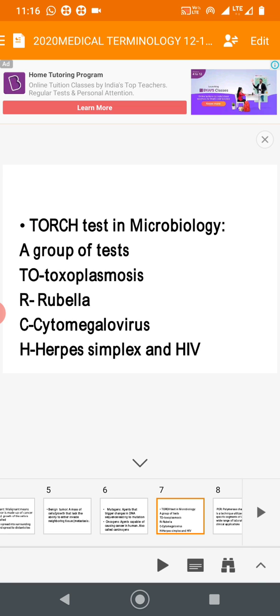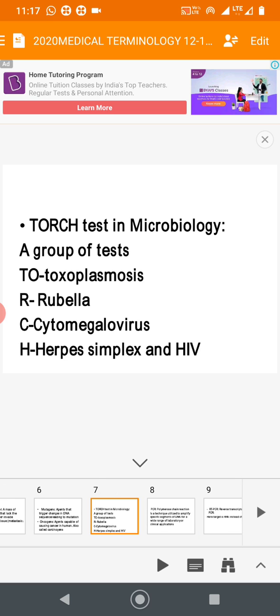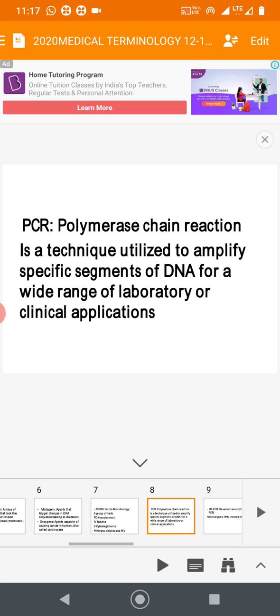Rubella, R, is an infection again. Cytomegalovirus. Then herpes, caused by herpes simplex, and H also refers to human immunodeficiency virus. So toxoplasma, rubella, cytomegalovirus, herpes simplex, and HIV. HIV is human immunodeficiency virus. This pack of tests is called TORCH.